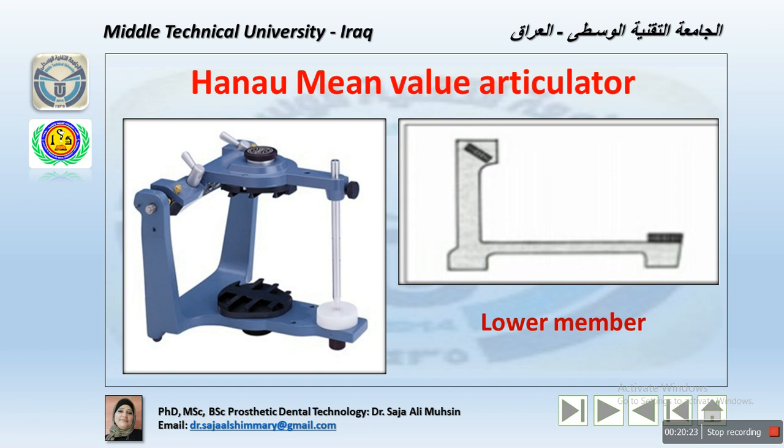The apex of the triangle of the horizontal arm contains the incisal guide table, as in the image on the right side, the most right part of it, the end of the L shape. Okay? This is the incisal guide table. The vertical arm is rectangular, containing the condylar guidance. You can notice the condylar guidance. It is like a slot, which is at the beginning of the L shape, at the upper portion.